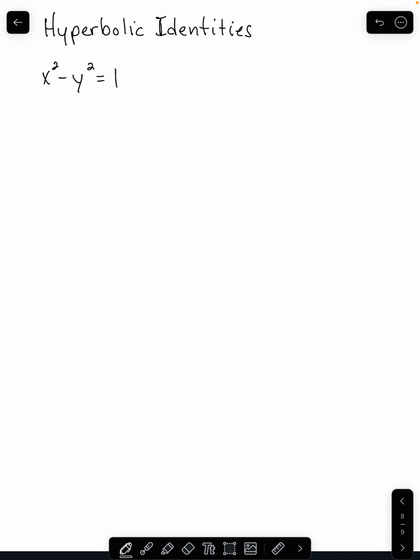But we can still do the substitution of hyperbolic cosine squared minus hyperbolic sine squared is equal to 1.